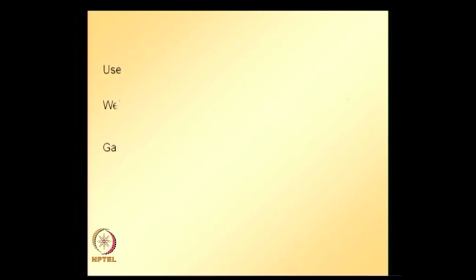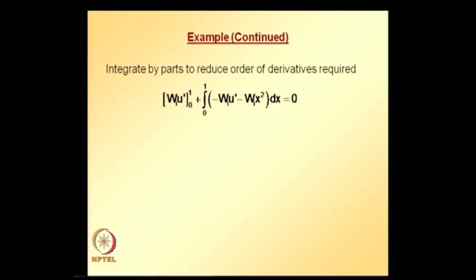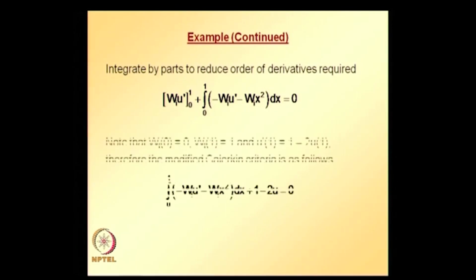So now using integration by parts, it results in this one, that is the integration by parts is applied only in the first term. And now we already know what W1 and W2 are. W1, if you recall, is x, W2 is x square.